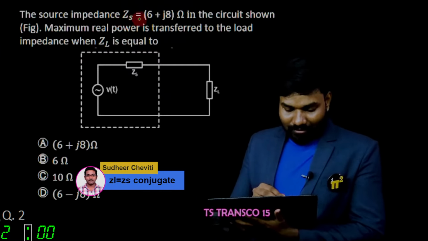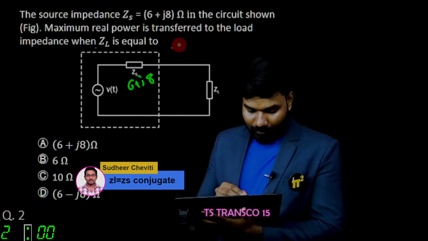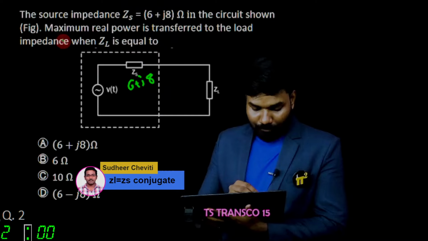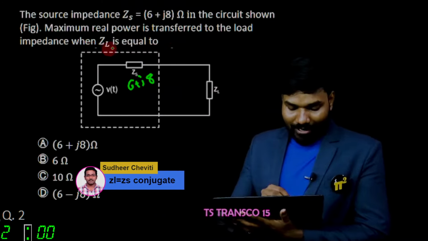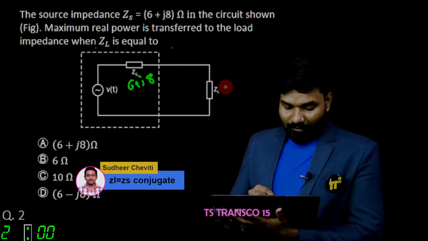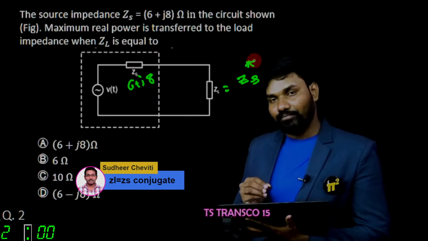The source impedance ZS is 6 plus j8 in the circuit shown in the figure. Maximum real power is transferred to the load impedance when ZL is equal to ZS conjugate.